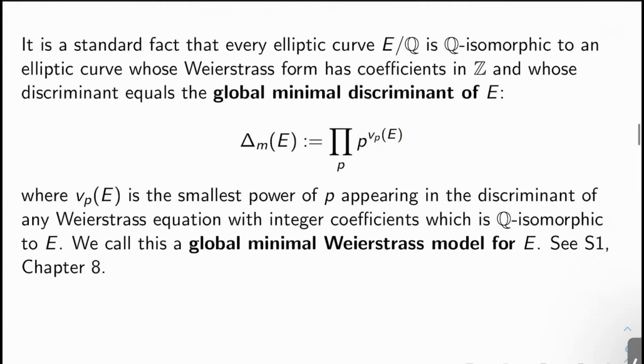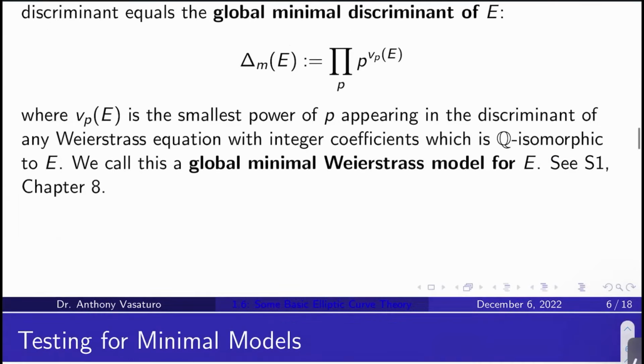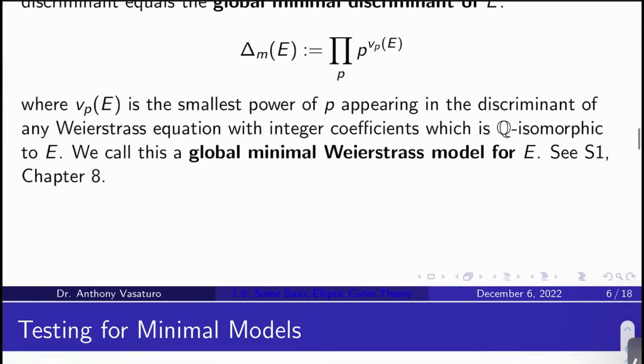It turns out they're the smallest powers of p appearing in the discriminant of any Weierstrass equation with integer coefficients which is Q isomorphic to E. So basically, this discriminant has minimal powers of all possible primes at once, showing up in the discriminant of any curve Q isomorphic to E, which is pretty amazing that you can do that. It's even sort of amazing that you can do it one prime at a time, but you can do it. So we call such an equation a global minimal Weierstrass model for E, and you can read about these in Silverman 1 chapter 8.